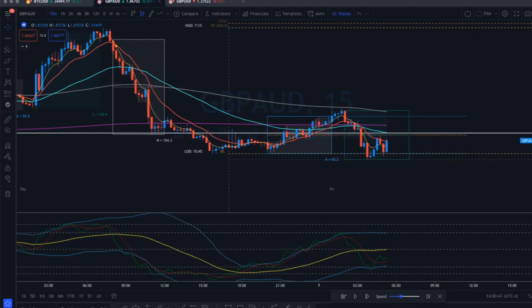But as far as a type of day pattern, the patterns could happen on any day. Generally speaking, you'll get the most action on Tuesday or Thursday.